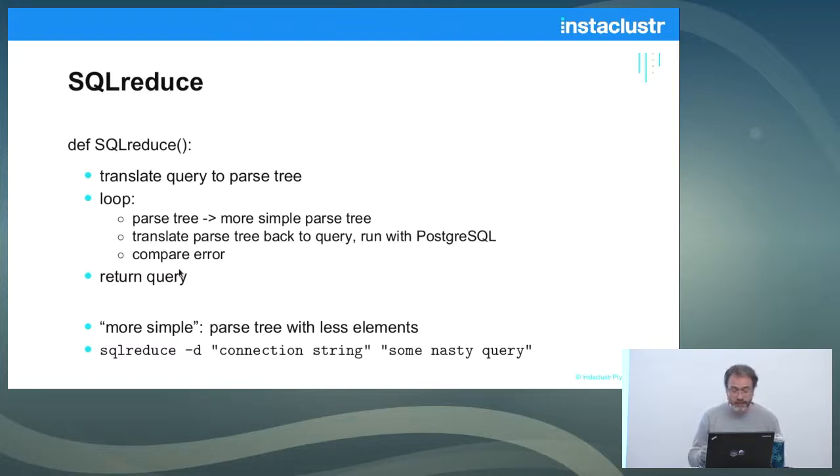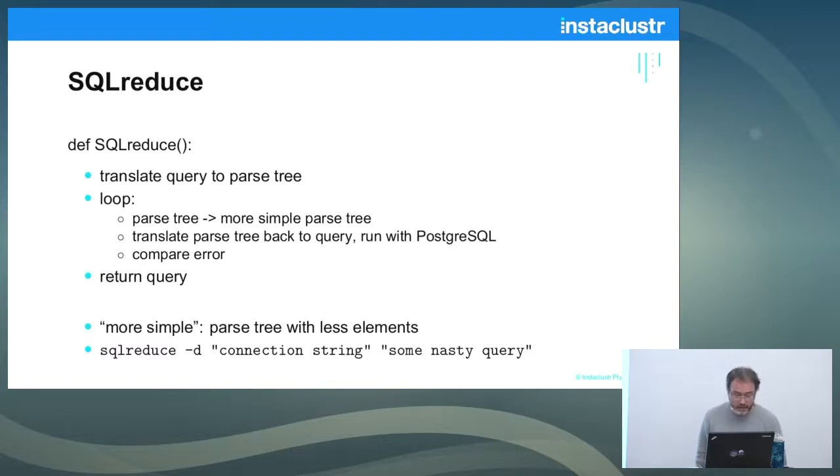If the reduction was successful, it will continue with this simpler parse tree, and if not, it will try other simplifications. So all that we have to define now is what "simpler" actually means.